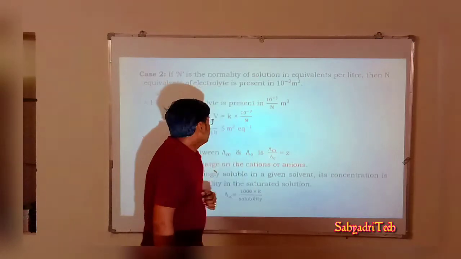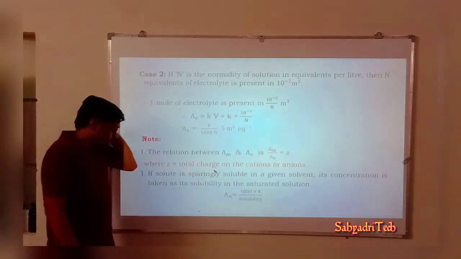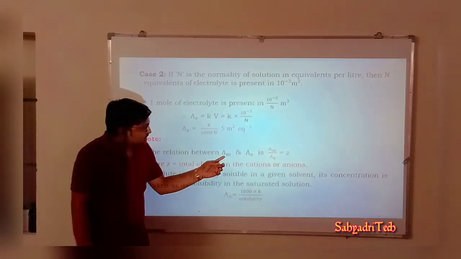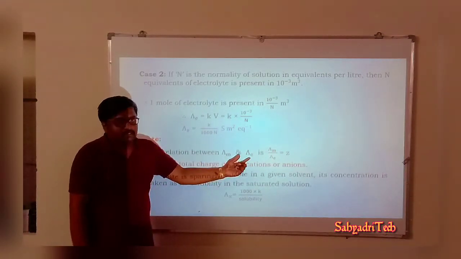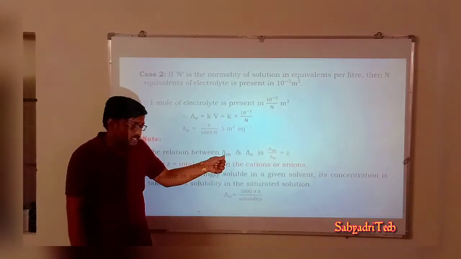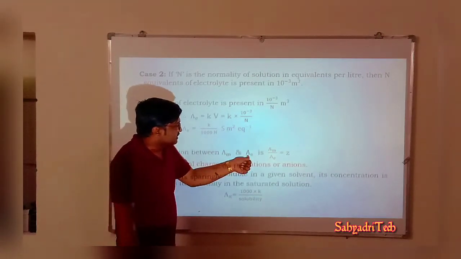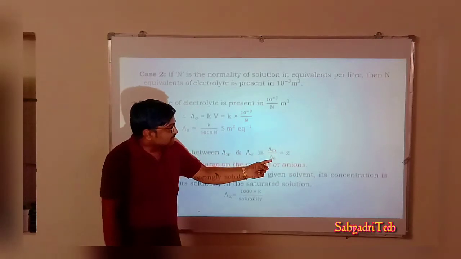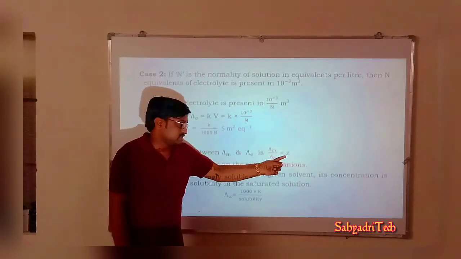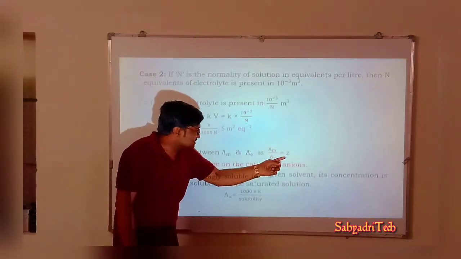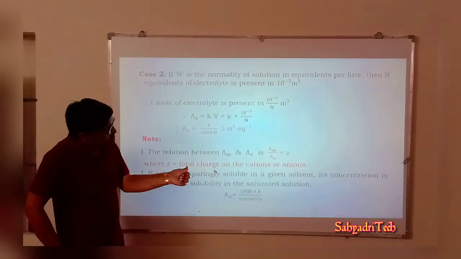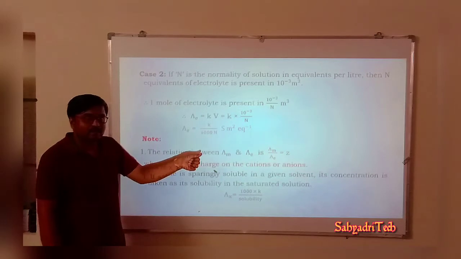Now some note points. If I consider the 2 forms of conductivity, molar conductivity lambda m and equivalent conductivity lambda E, they are related as lambda m by lambda E is equal to Z. Here Z is the total charge on the cations or anions.